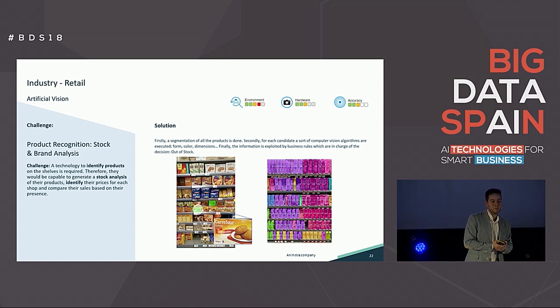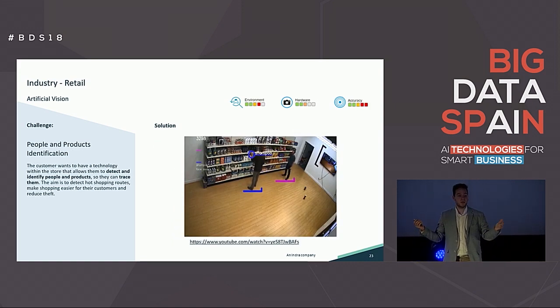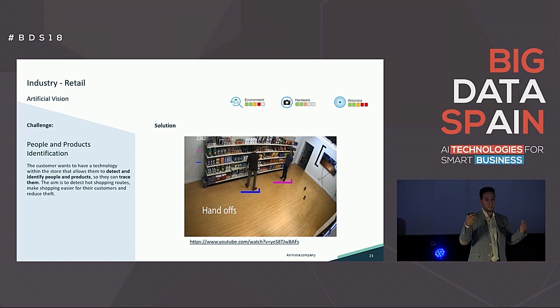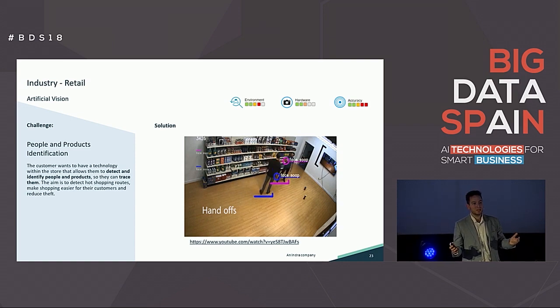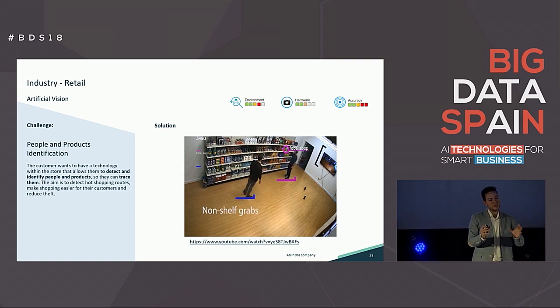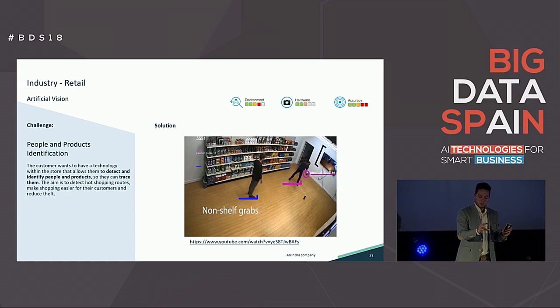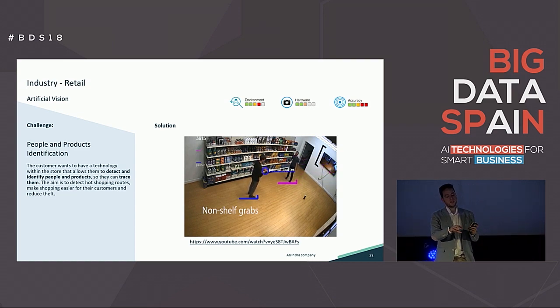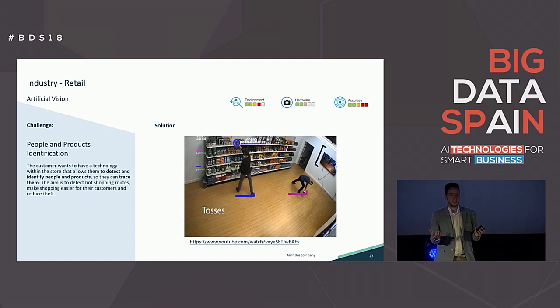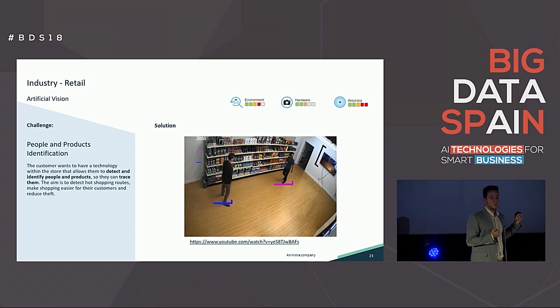And what's the purpose of it? The purpose is not just to know what products are on the shelf, but maybe to go with Amazon Go and contextualize that information. As I told you before, the problem isn't getting the input, because you can do that now. But if you contextualize the information, knowing you have the people and the products, you are able to do an Amazon Go now without sensors.